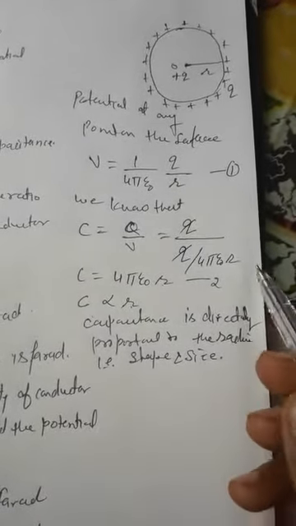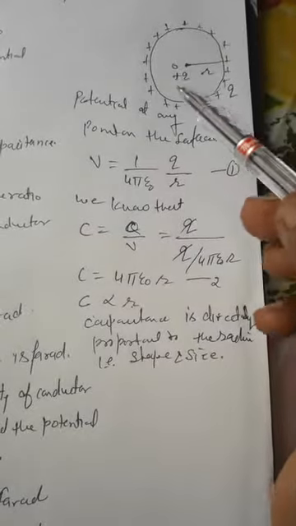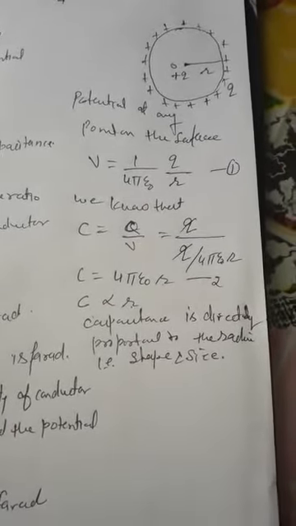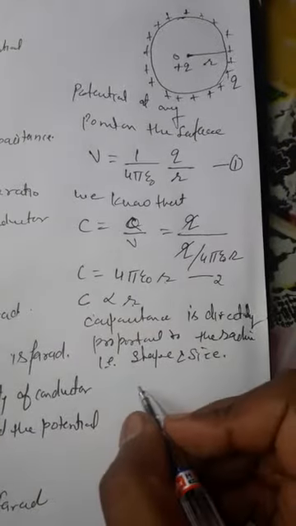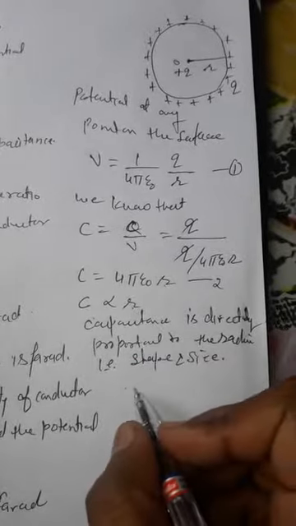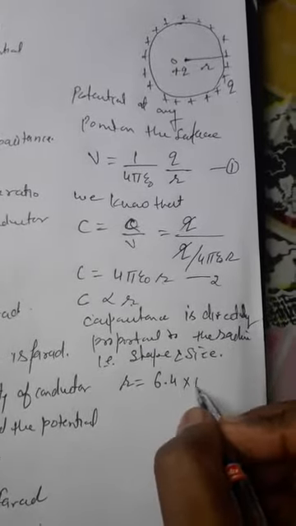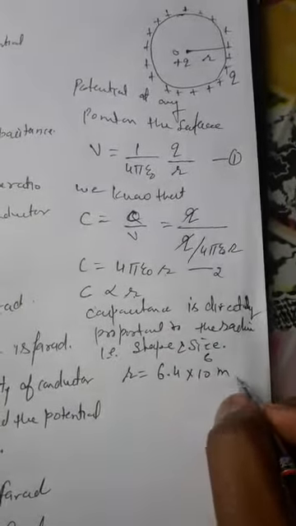Okay. Now if we want to calculate the capacity of a sphere of large size, the same as that of earth, say if the radius of the conductor is considered equivalent to the earth radius, that is 6.4 into 10 power 6 meter.